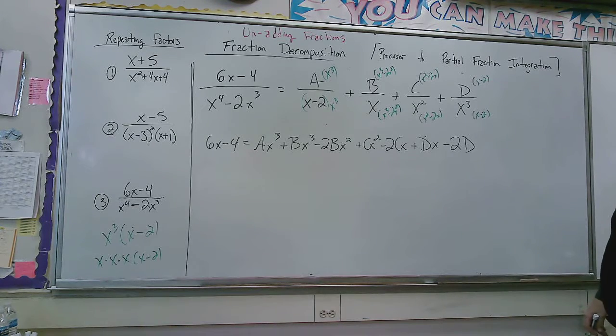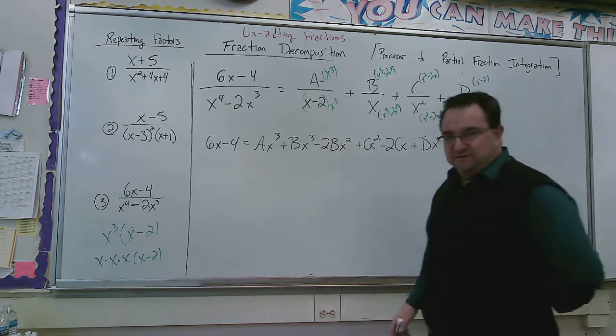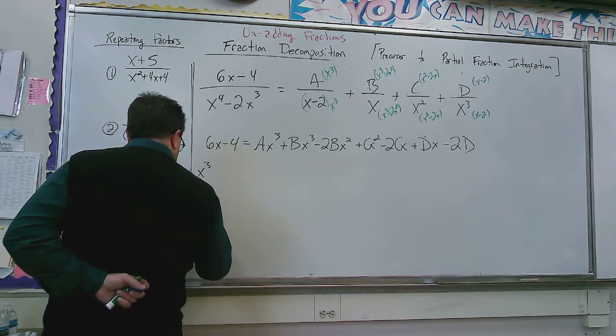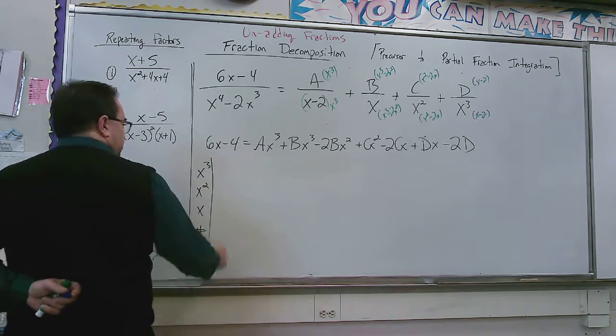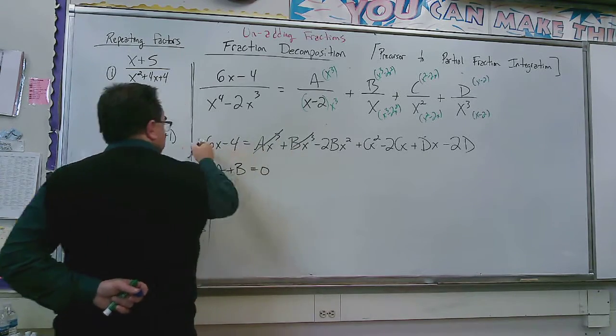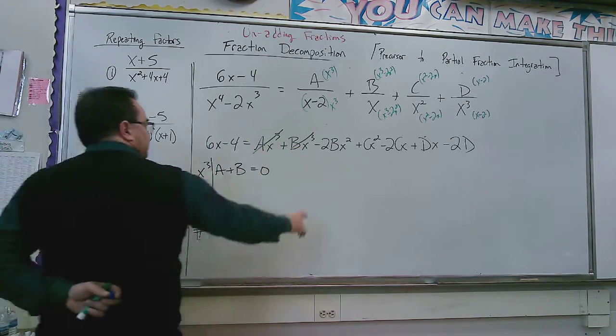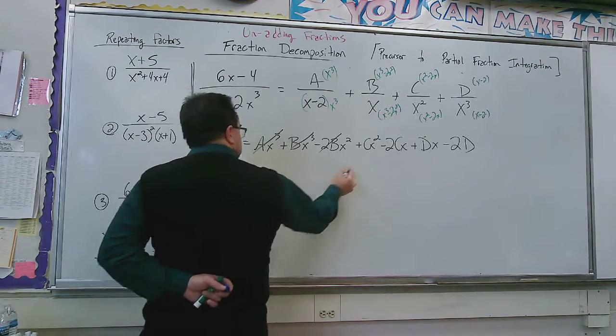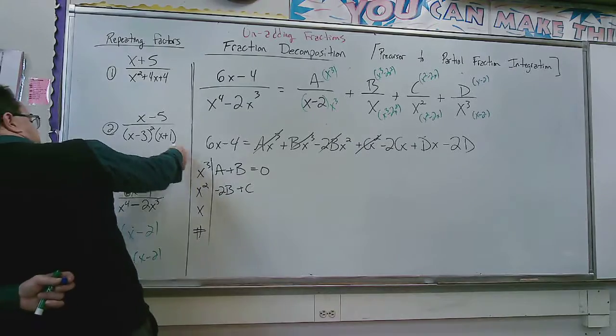Okay, do a quick double check, make sure you didn't miss anything. I think it's looking good. Now we're going to break this up into our system. We have cubes, squares, linears, constants. A plus B is nothing. Minus 2B plus C equals nothing.